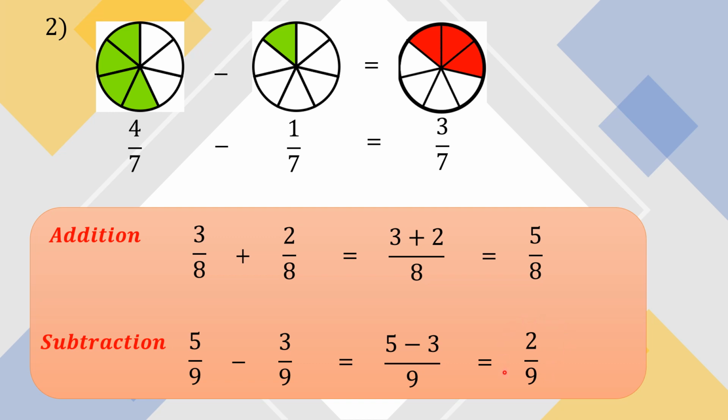There, it's 2/9. Okay, so these are the rules on how to do addition and subtraction of like fractions. When we say like fractions, the denominator of the numbers are the same.